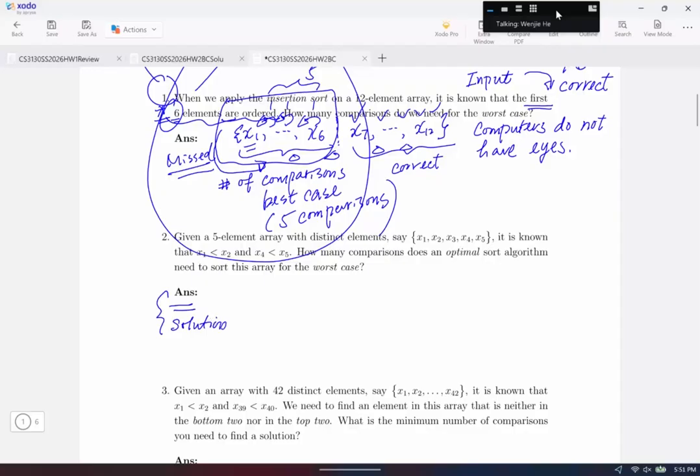Now, answer type, if your answer is correct, so your solution details do not matter, but for solution type, the details, that part matters. The detailed work matters.